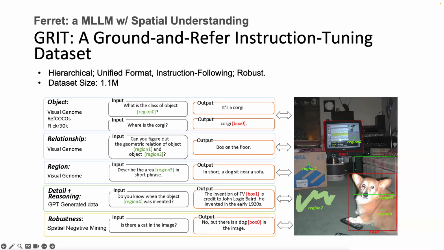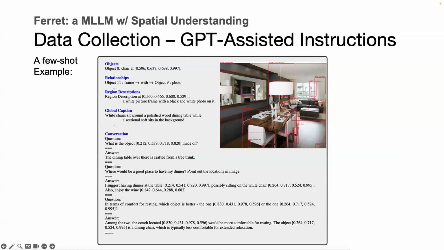And then detailed reasoning. We actually use GPT-4 to curate this data, where it can also embed some reasoning into local region concepts. And finally, robustness. Sometimes if the object does not exist in the image, we ask the model to output no.